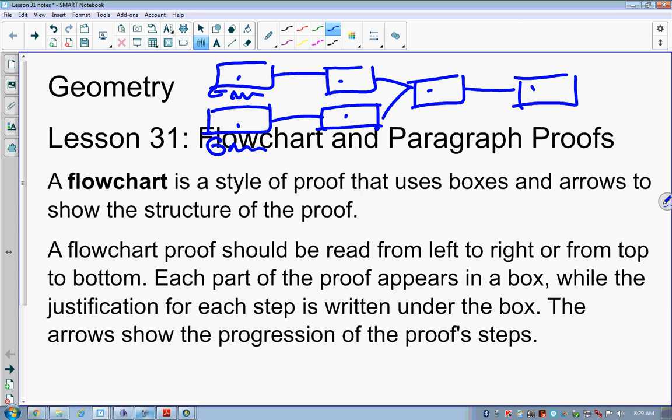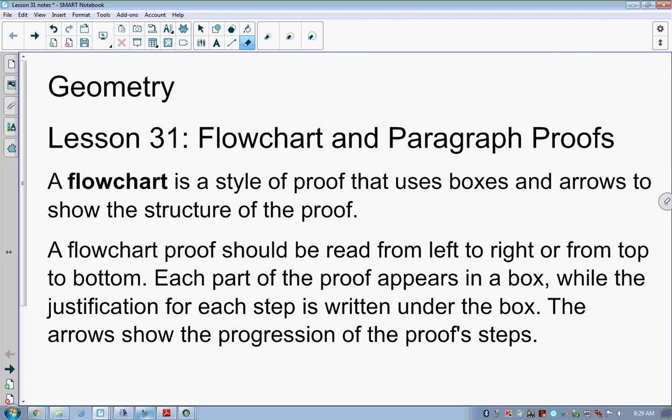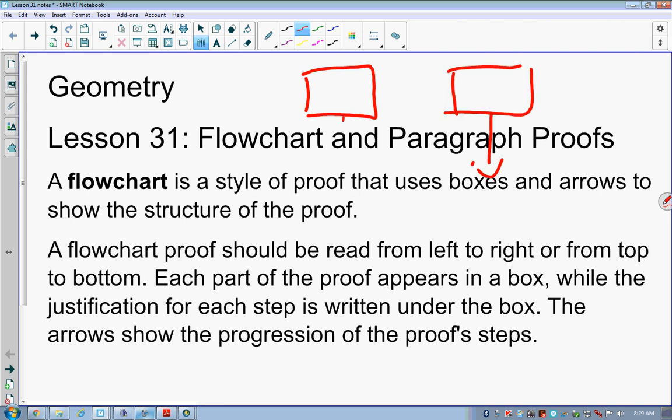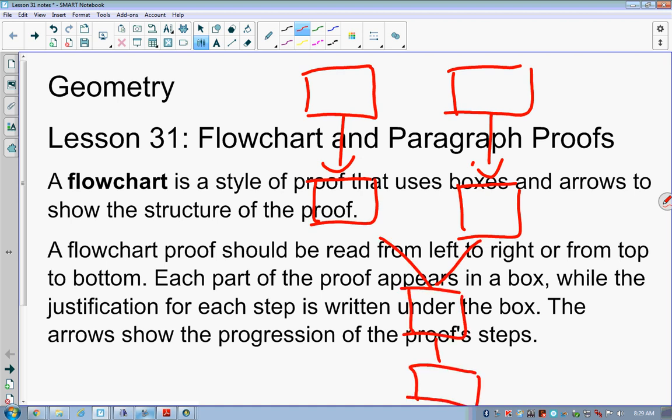You can write it up from left to right like you see here, or sometimes they'll work it from top to bottom. Okay, something like that. It's a way of diagramming.